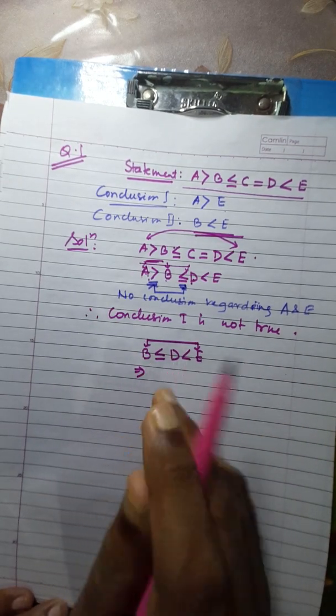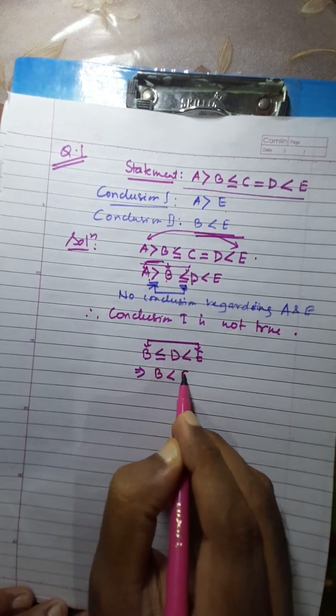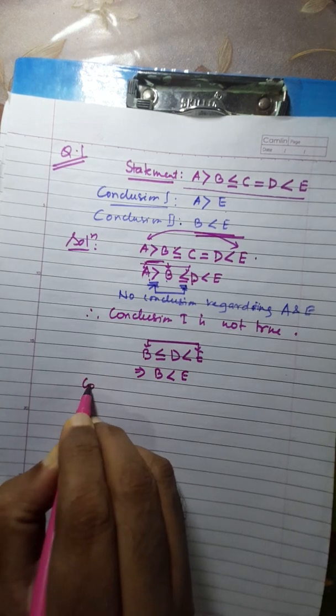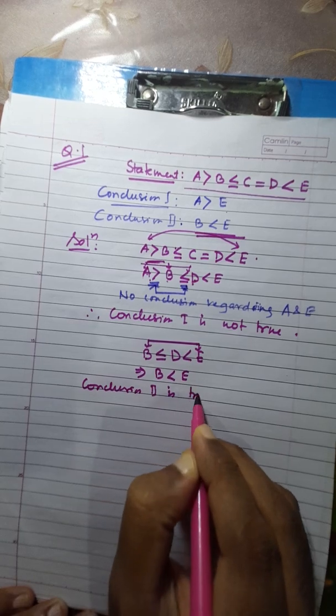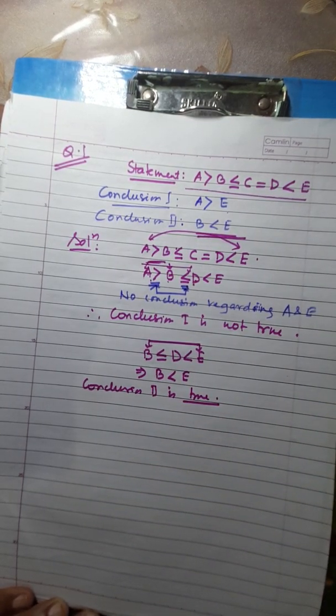So from here what can you say? B is less than D, D is less than E, that means B is less than E. So conclusion 2 is true. Conclusion 2 is true. So this we have to write as the answer.